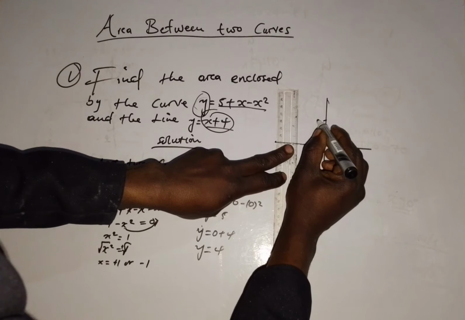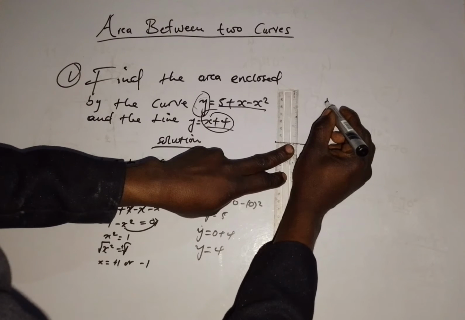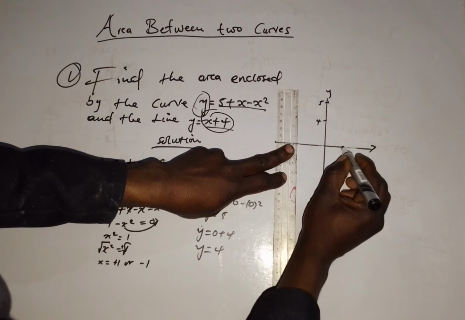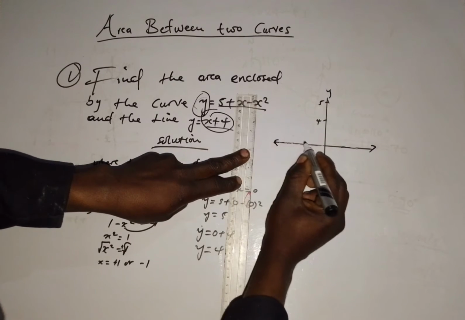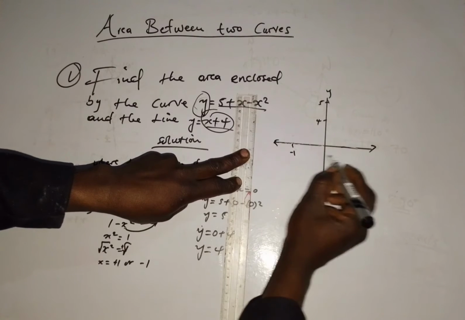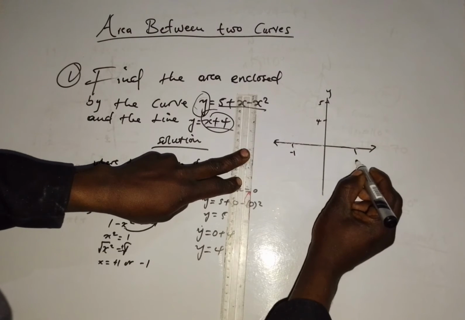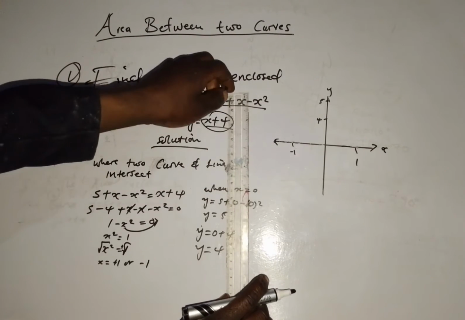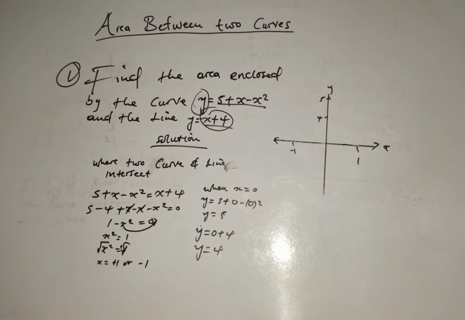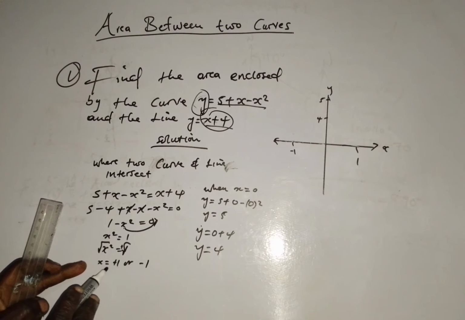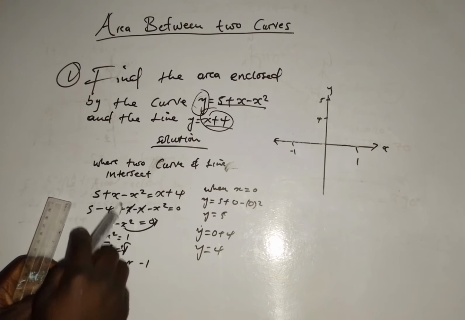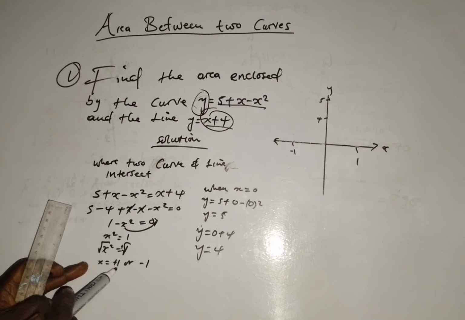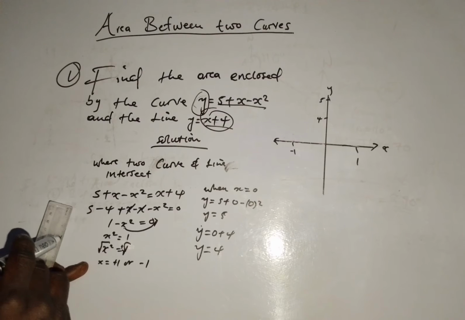This is where 4 is, and this is where 5 is for y, and here we have x, with minus 1 and 1 on the x-axis. From our solution, we have found that the curve and line intersect at 1 and minus 1.